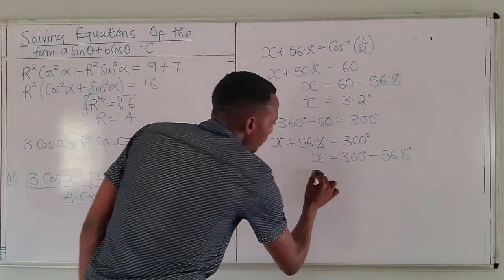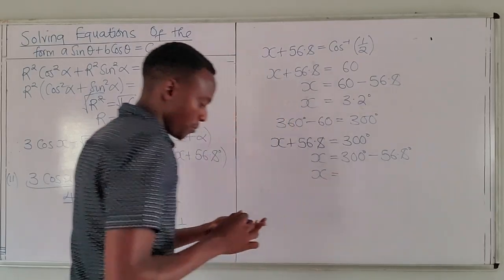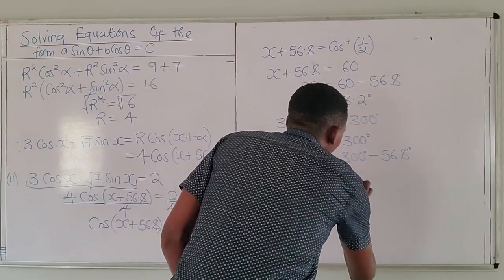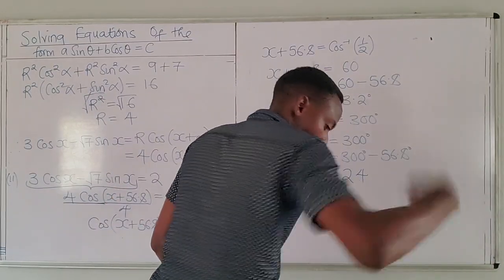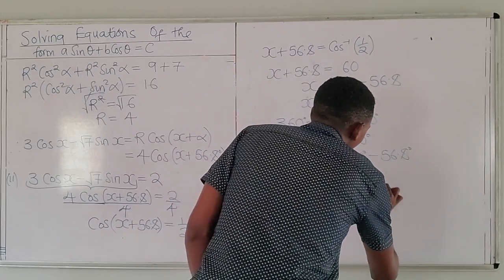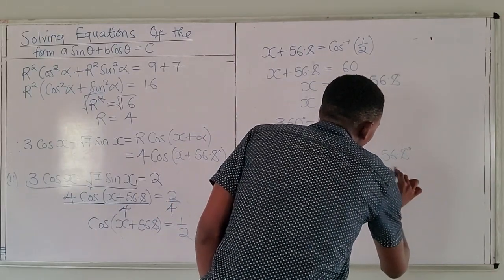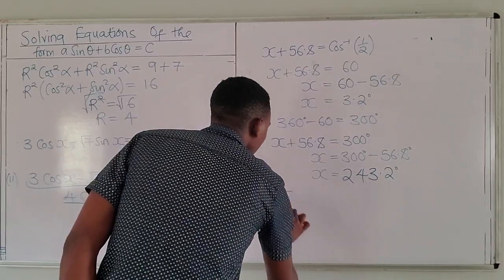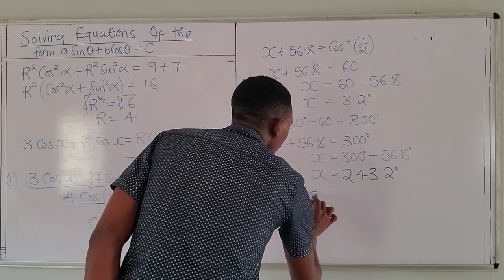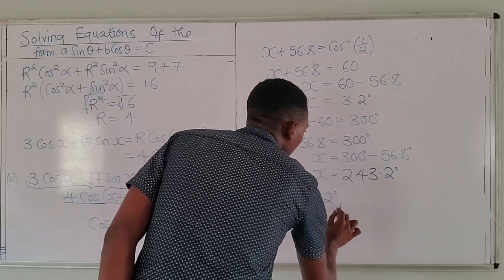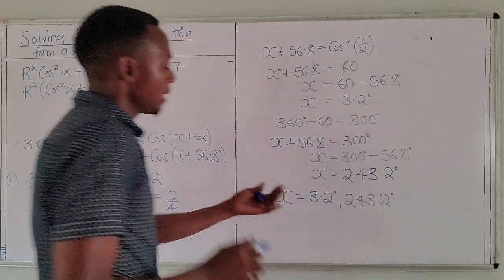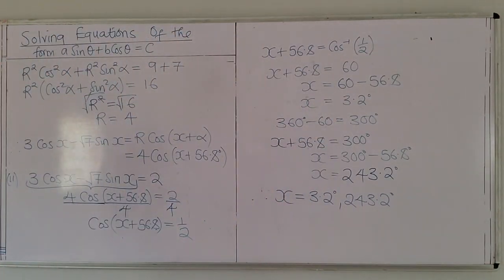So when we subtract, the difference here is going to be 243.2 degrees. Therefore, the value of x must be equal to 3.2 degrees and 243.2 degrees. When you look at these two answers, these two angles, they are lying between 0 and 360 degrees.